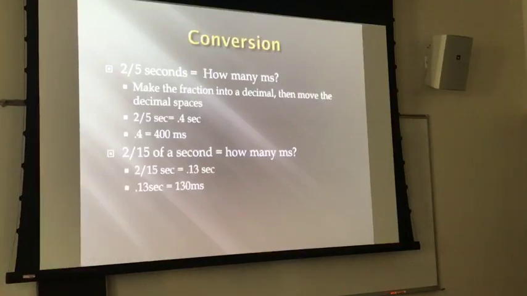You're going to move the decimal place 3 places to the right, so there would be 400 milliseconds. Same thing down here. Convert the fraction to a decimal. From the decimal, convert by moving your decimal place 3 places to the right.